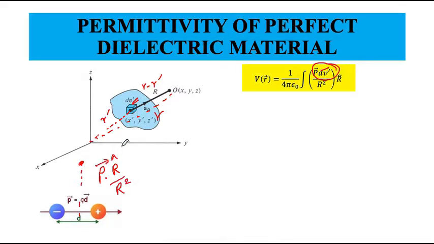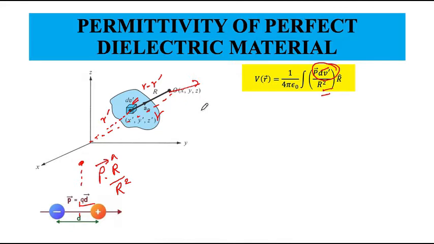Where P is qd, the dipole moment, right? So the field is actually 1 by r square for this dipole moment. Therefore, there is a 1 by r square sitting here. And r hat is the unit vector in the direction from the source charge to the field charge.